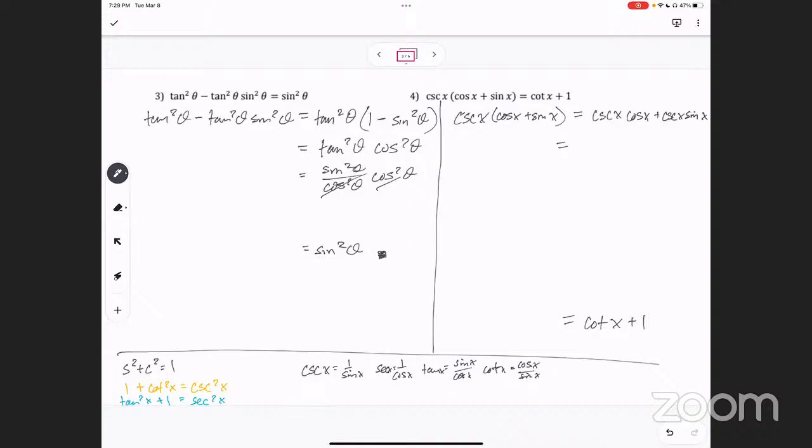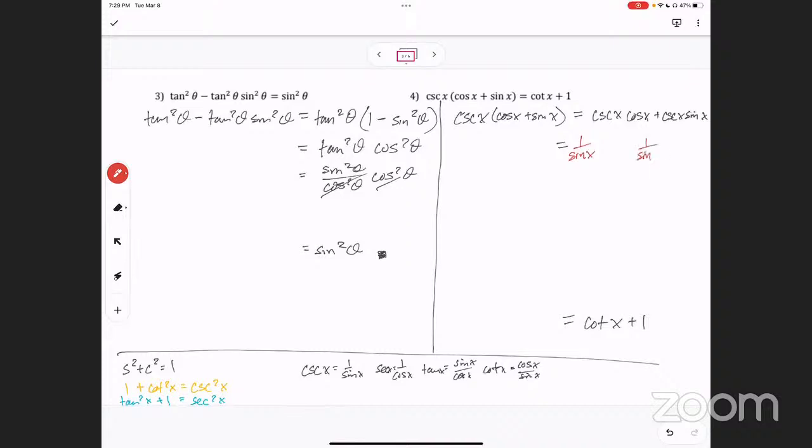You would do 1 over cosecant. No, it's not squared. 1 over what? 1 over sine. Got it? So that's 1 over sine.